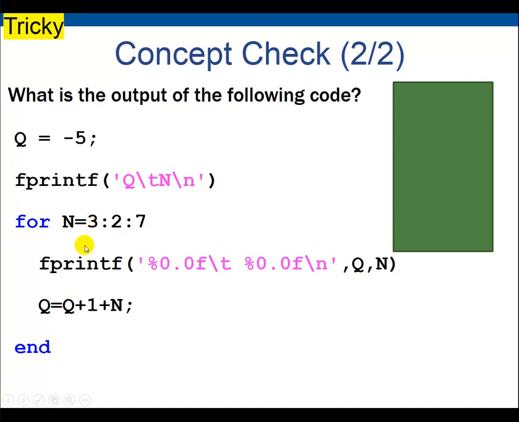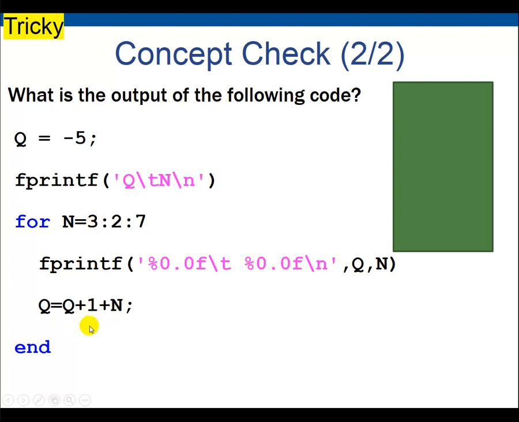So this statement will show up 3 times. This fprintf will show up 3 times. What's the value? The Q and N. And once you show these numbers, there is a little equation here, so it's going to update the numbers. So for example, Q contains -5 plus 1, and N contains 3, right?